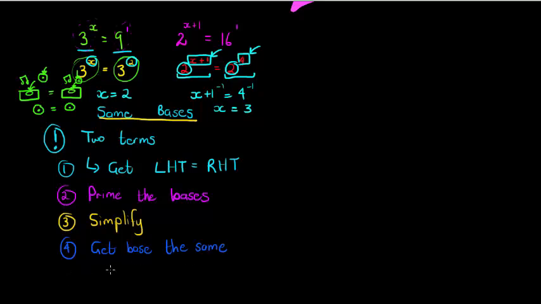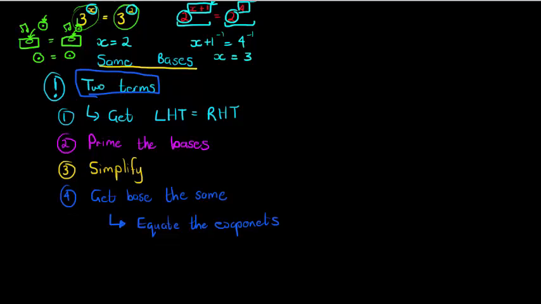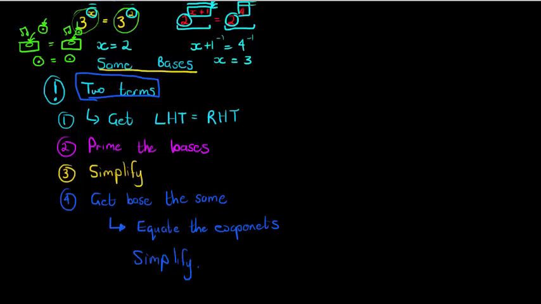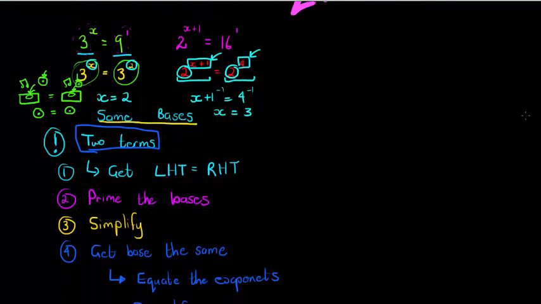Once the bases are the same, as soon as I've got a left-hand side and a right-hand side, and again, only two terms, that's very important, and the two powers are the same, the two bases are the same, then I can equate the exponents. And once the exponents are equal to each other, I can simplify, because now you should have a simple linear equation. Most of the time it would be a simple linear equation.